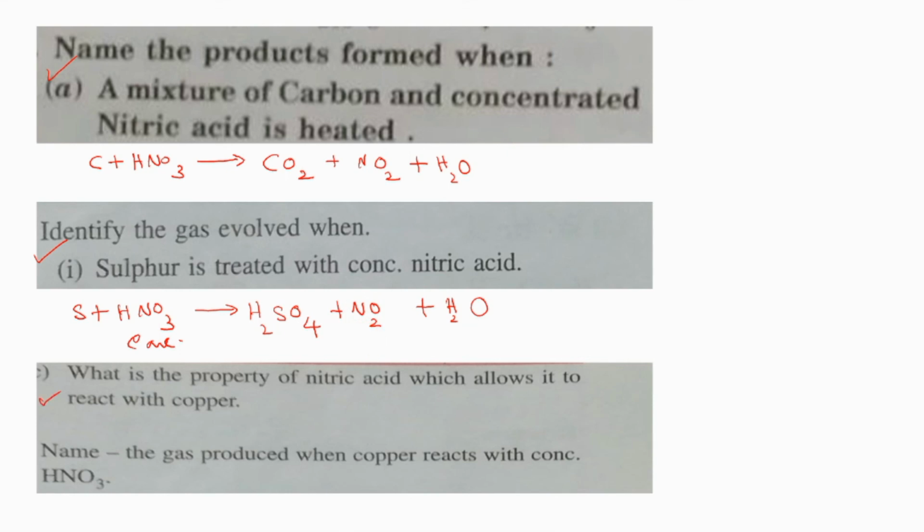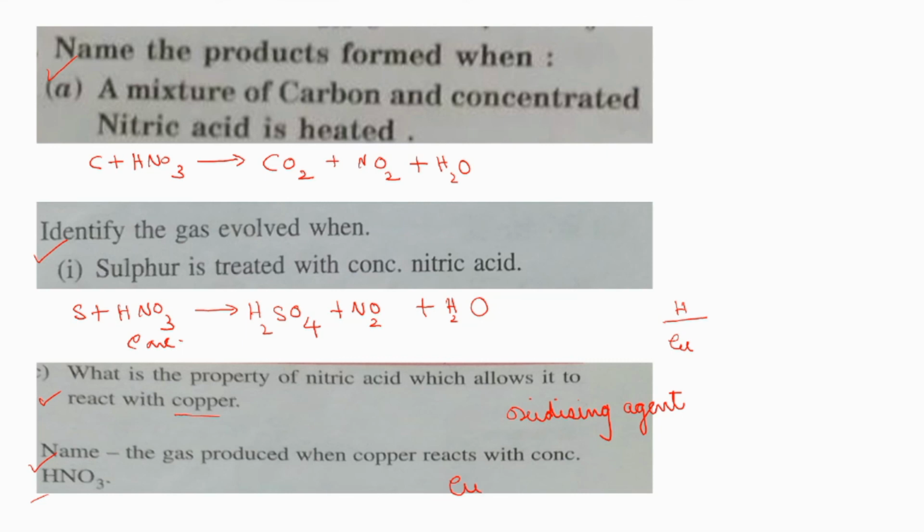What is the property of nitric acid which allows it to react with copper? We said that usually copper will never react with acids because the position of copper is below that of hydrogen in the reactivity series. But it will react with nitric acid. What is the reason? Because nitric acid is an oxidizing agent, you can write. Next: name the gas produced when copper reacts with concentrated nitric acid.